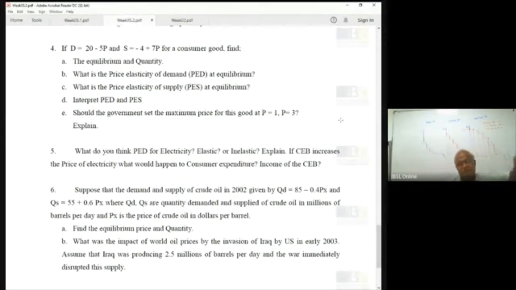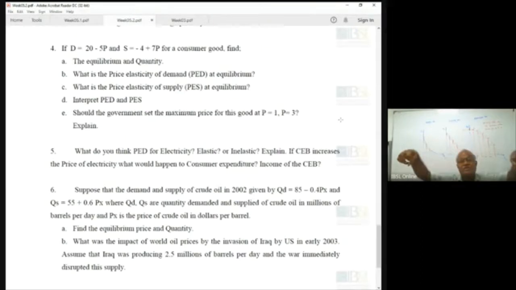Quantity demanded is a function of price, given as 20 minus 5P. Why is it minus? There is a negative relationship between demand and price. Supply and price are positively related, so plus 7P. Minus 4, at the moment, don't think about that.